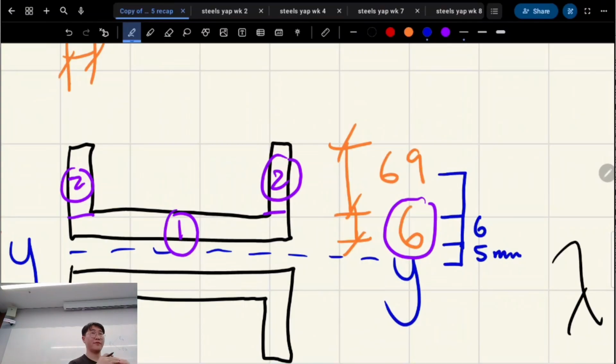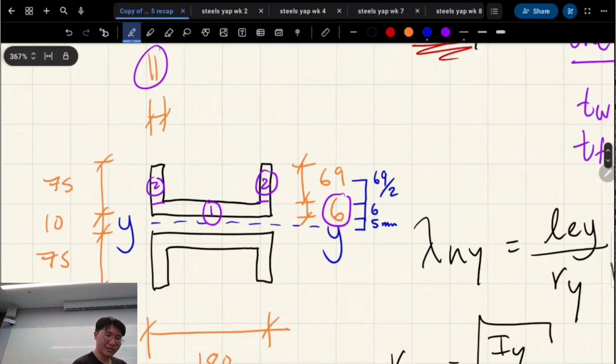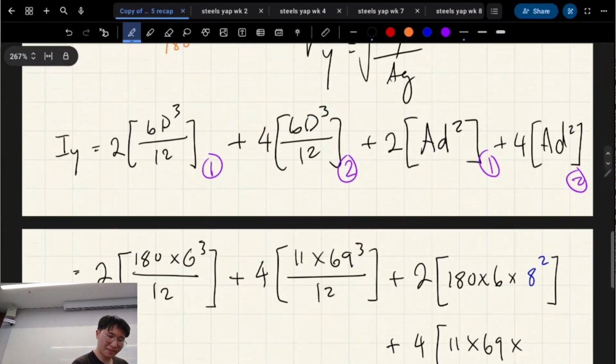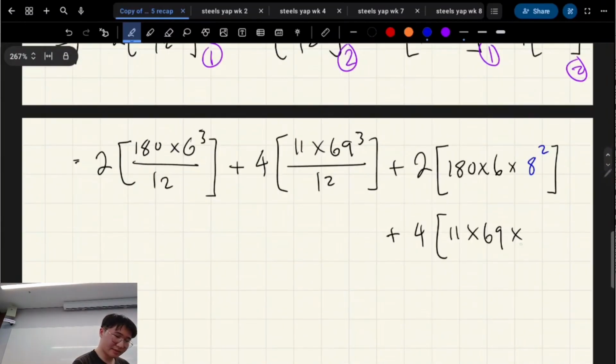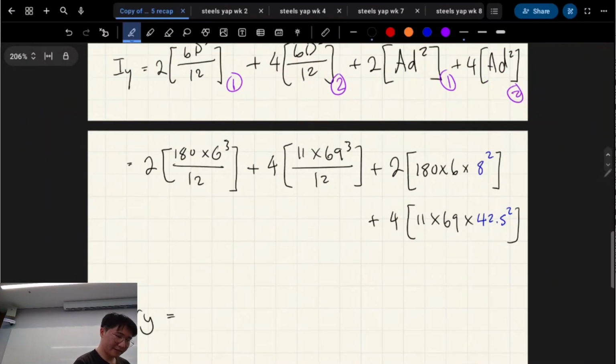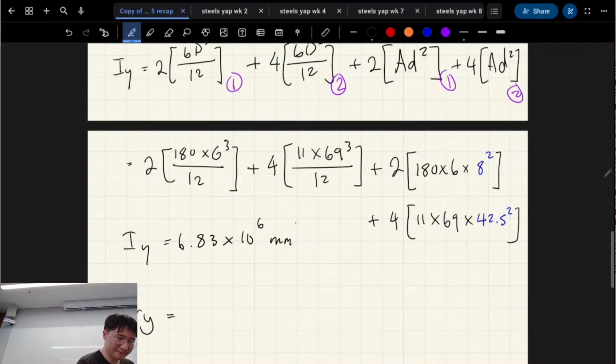Halfway up that element, 69 on 2. We add all those things up, yeah? We get that. So IY is 6.83 times 10 to the 6.